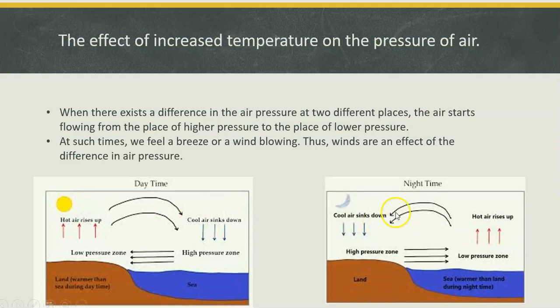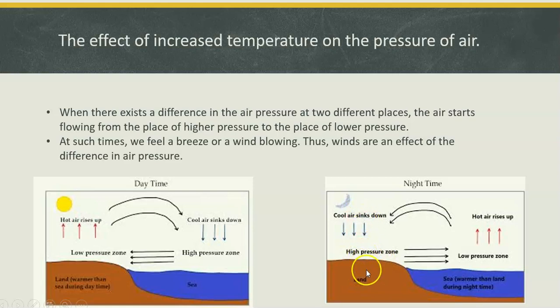During the day the land is heated up and water is also heated up, but compared to land, water is less heated. Land cools down easily when the sun sets, but water takes more time to cool down. So now land is cold, so over here the air is also a little bit cooler, and a high pressure zone is created.